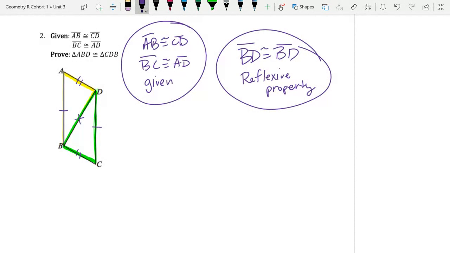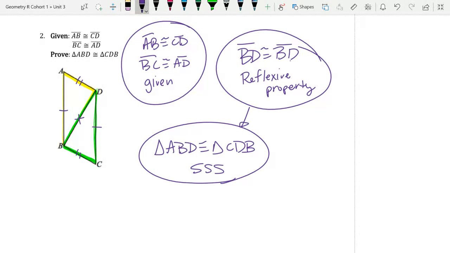Now that I have all these true facts down, I know that I have 3 sets of corresponding sides that are congruent in both triangles. So I could say triangle ABD is congruent to triangle CDB by side, side, side. And right now that's the only reason that we have.